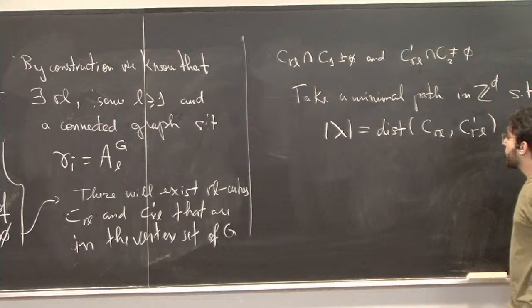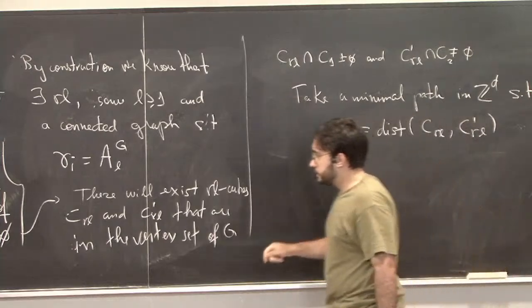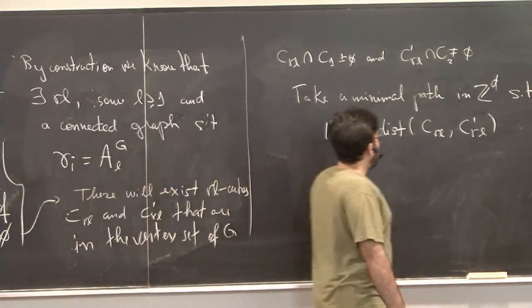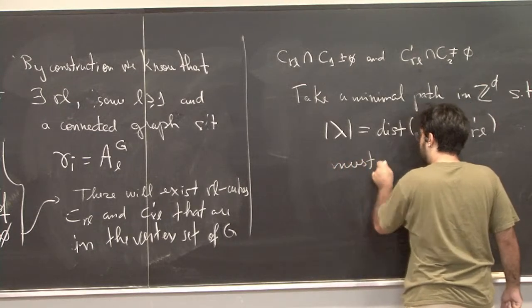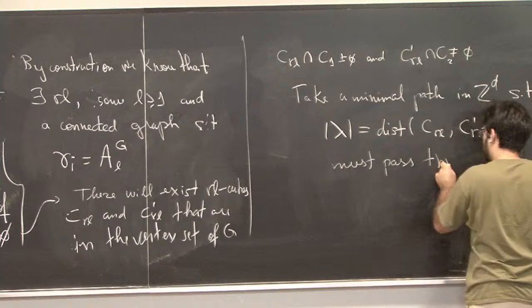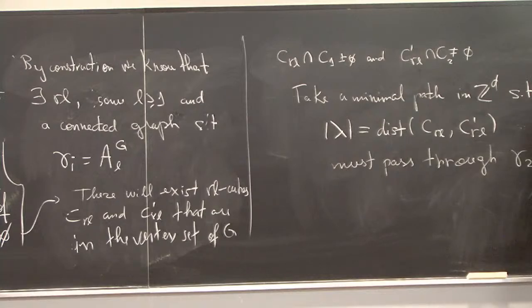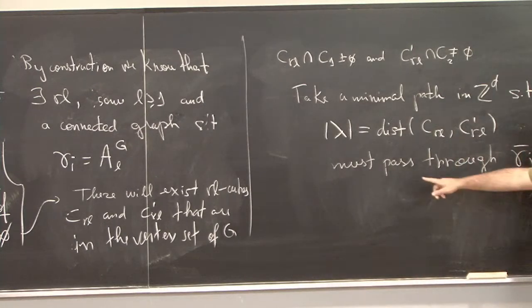Okay? Since these two cubes intersect different connected regions, this path must pass through gamma J. Oh, sorry, I said gamma 2. So it must pass through gamma J.